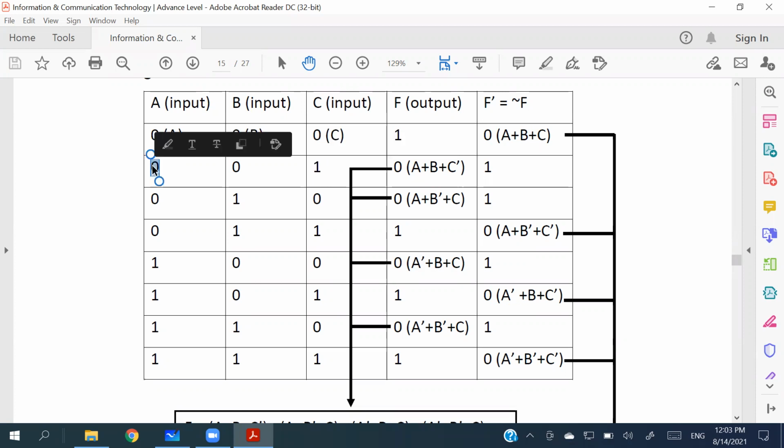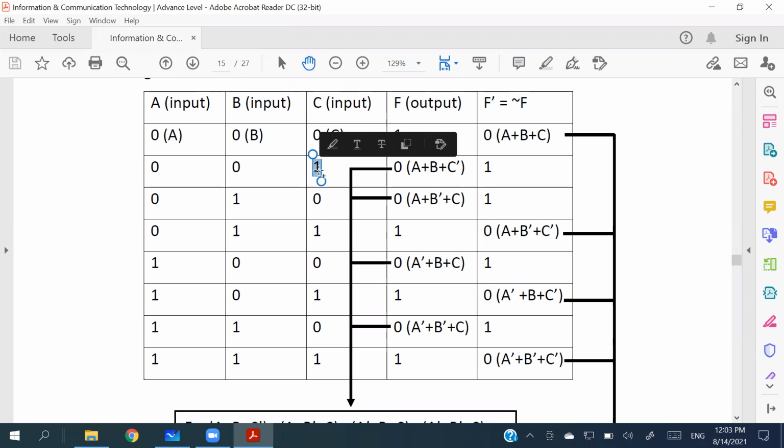So here we got 0, 0, 1. That means A, B, and this indicates C bar. So since we are writing a POS, POS means product of sums, right?